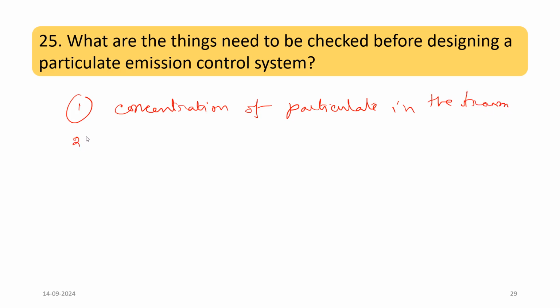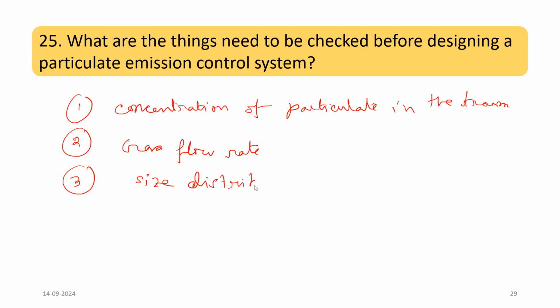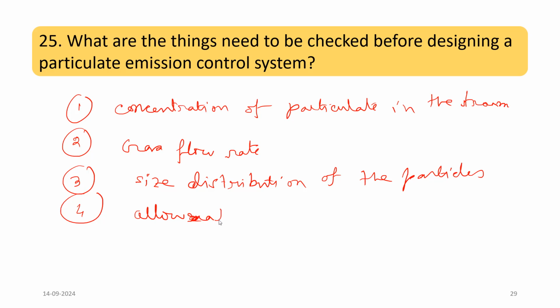Second one is the gas flow rate. Then size distribution of the particles. And the last one is the allowable particulate emission rate.